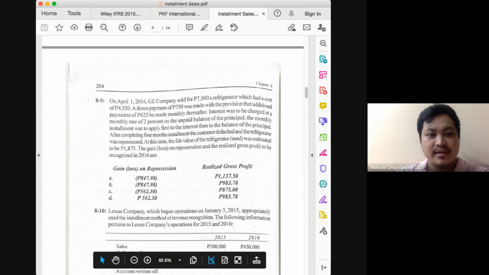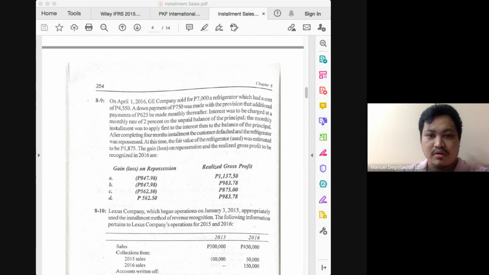In this problem, I want you to determine the collections. Out of your monthly collections, the amount applicable to the principal should be 2,810 and change, while the amount applicable to interest should be 439 and change.